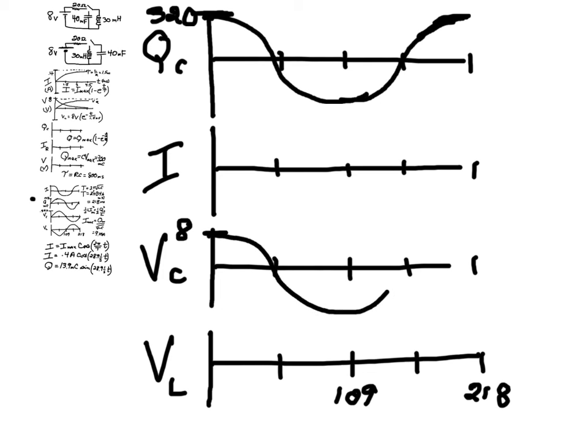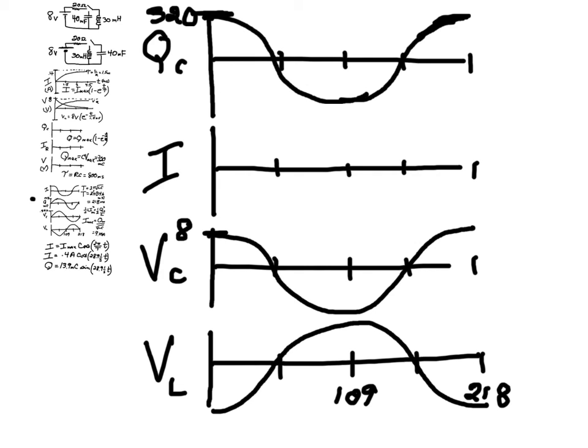So it's going to oscillate also as a cosine function, varying between plus and minus 8 volts. The voltage across the inductor has to oppose that. By Kirchhoff's law, the sum of the voltages has to be 0. So that has to start at -8, go to 0 when this is 0, go to +8 when that's -8, and so on. It's going to be a negative cosine function, all with the same period.